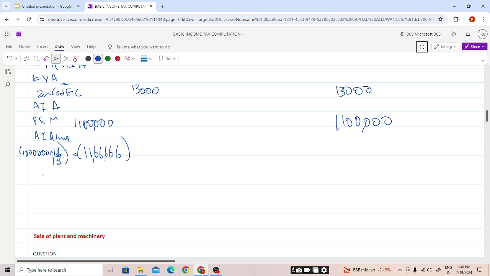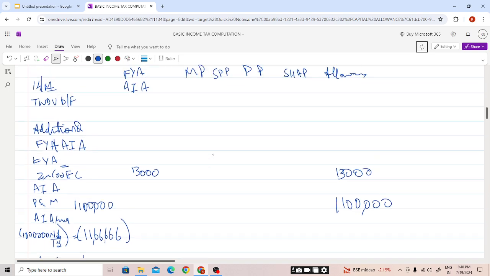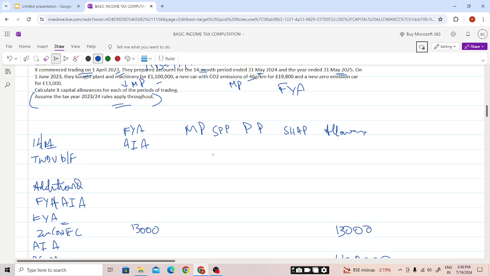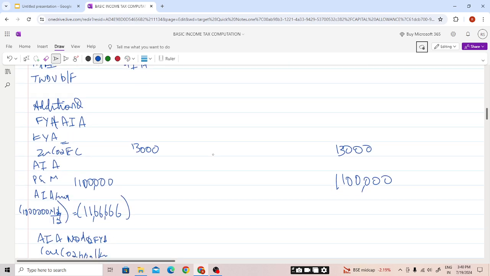Now additions not qualifying for FIA and AIA, that is the car with CO2 emission of 46 grams per kilometer. That will be, students, under the main pool. The original cost was 19,800.